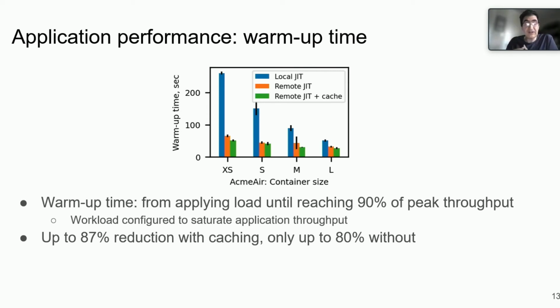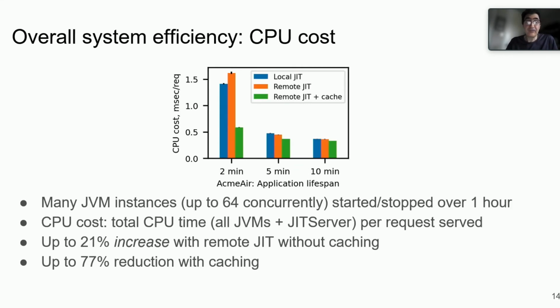Remember that 10% gap from relocatable code. We try to recover that gap by recompiling the code. And those recompilations do not take advantage of the cache. They are consuming cycles at the server. Anyway, the JITServer with cache is able to reduce ramp-up time by up to 87%.